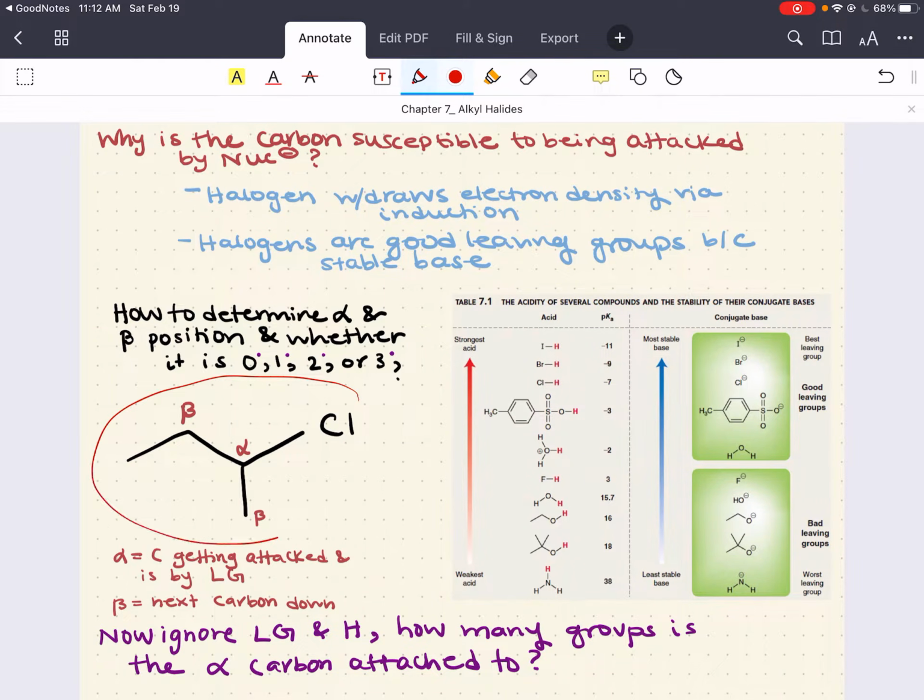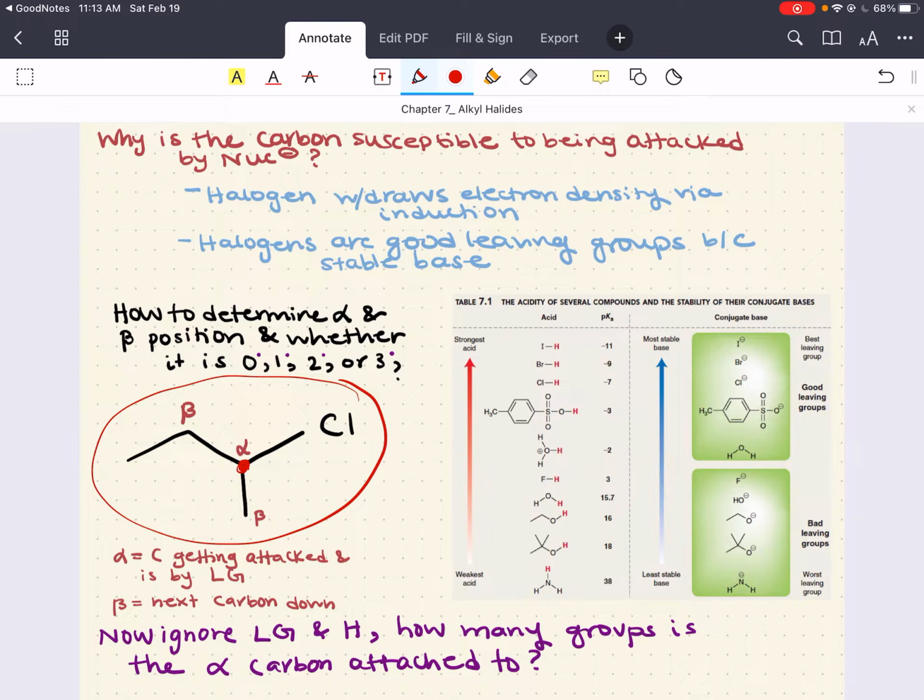What we have here is an alkyl halide, because we have this carbon that's attached to a halogen. Now, our question is, why is this carbon that I've circled in red susceptible to being attacked by a nucleophile?